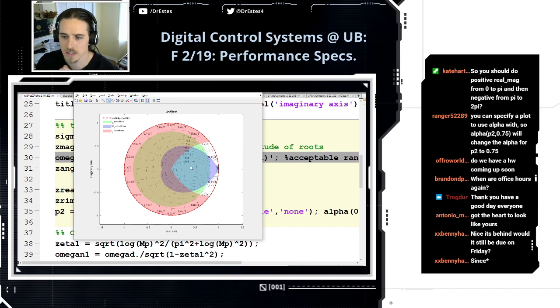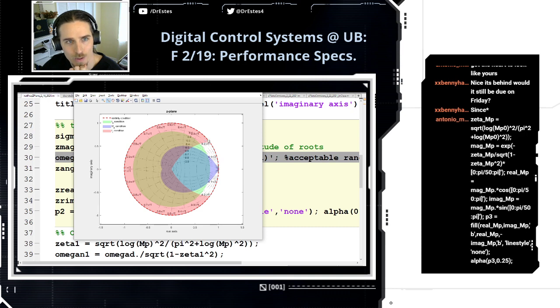Yeah, this is a fun tool. You'll get an intuition for where your roots need to be as you change this stuff. And it actually does kind of look like an eyeball, doesn't it? It's kind of looking over here to the right. If you make your rise time slower, it blinks.